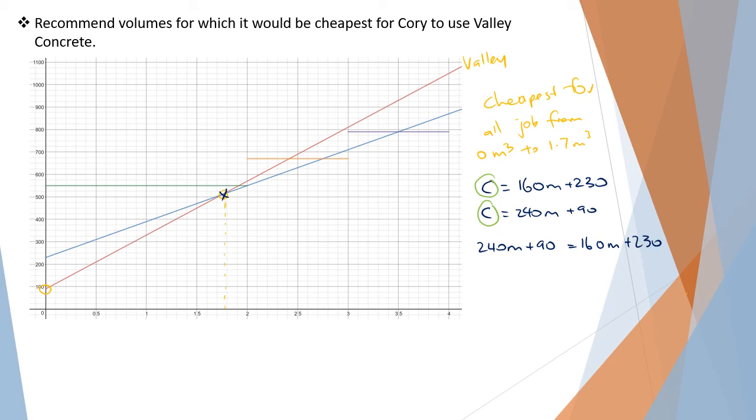Rearrange that and you get 80m equals 140. Divide both sides by 80 and you're left with m is 1.75. So in other words, at 1.75 cubic meters.